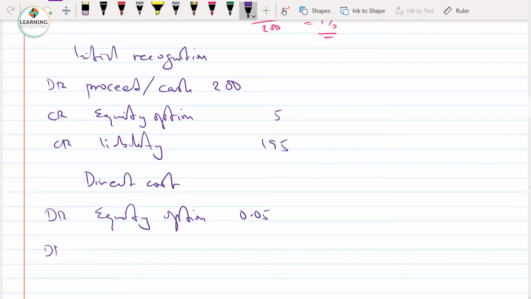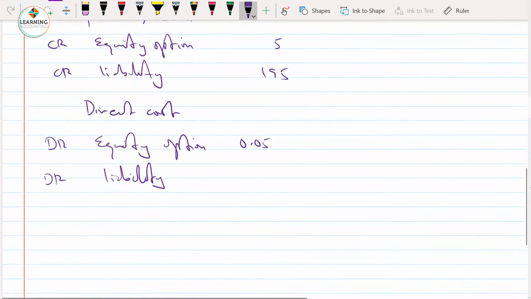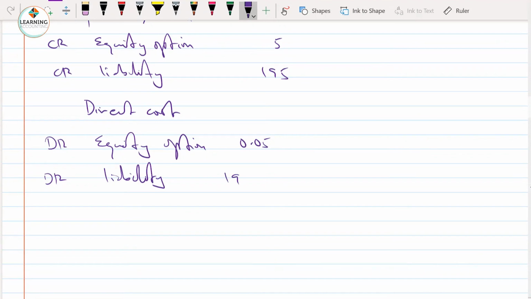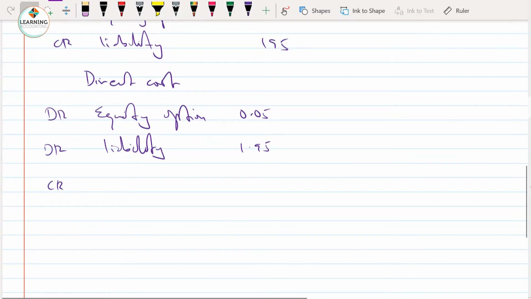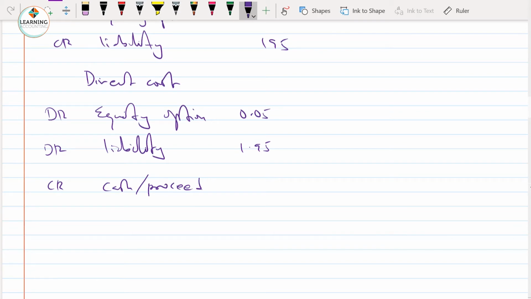We are going to debit the liability with 1.95, and we credit our cash or proceeds, meaning what we are receiving is actually reducing by 2.